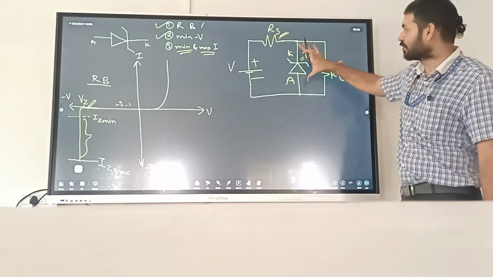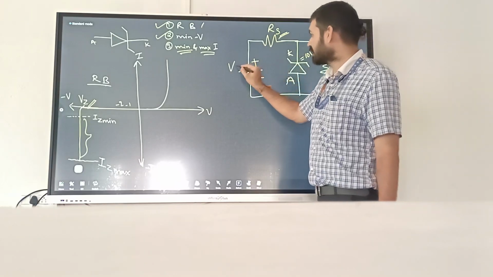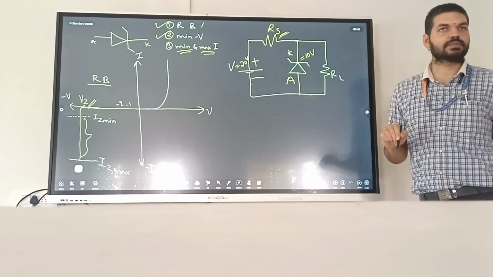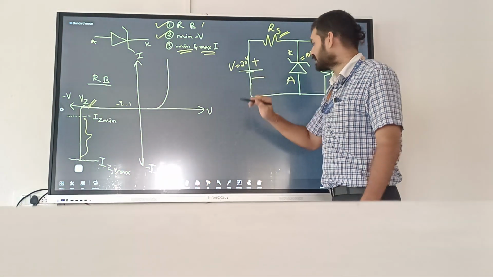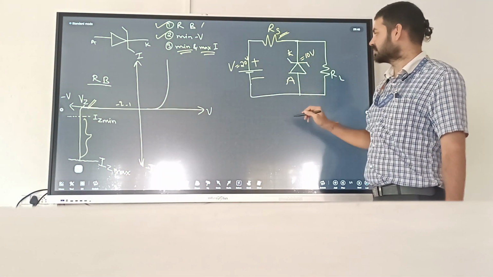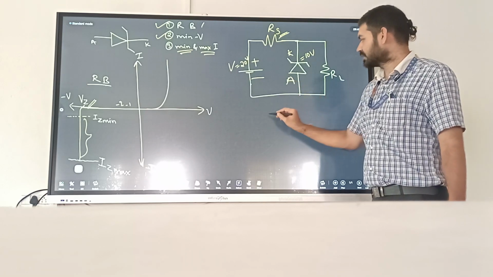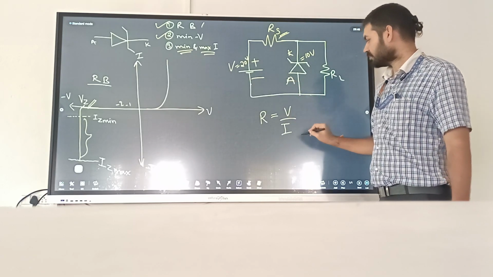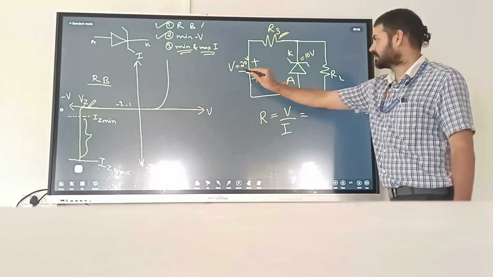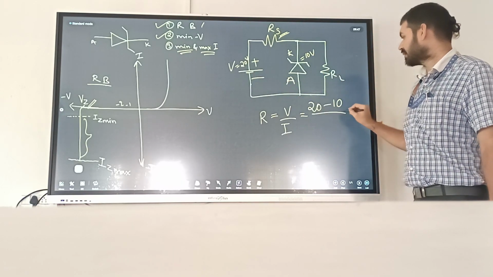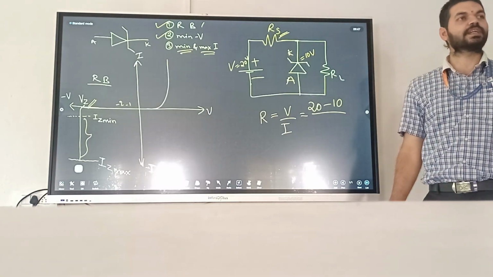Means it will give 10 volts across it. Say here it is 20 volts. I am giving 20 volts, or I can give 15 volts, anything. So if you want to find out the series resistance, you should apply this formula, R is equal to V by I. So V is 20 minus 10, divided by I. I we will get from the data sheet.